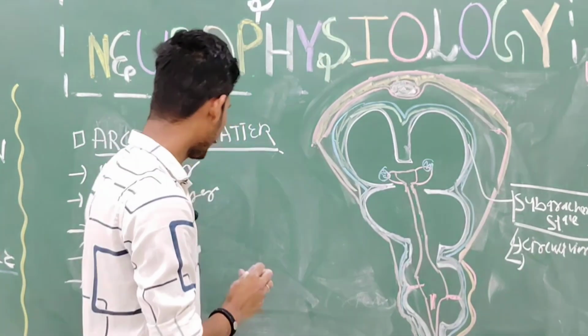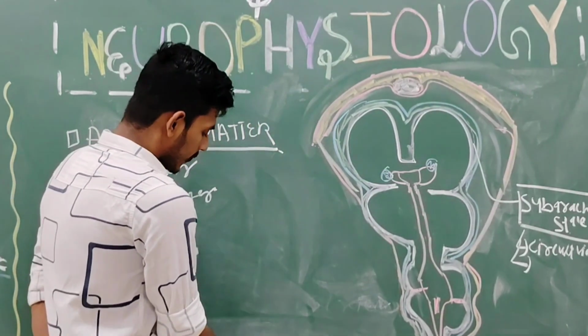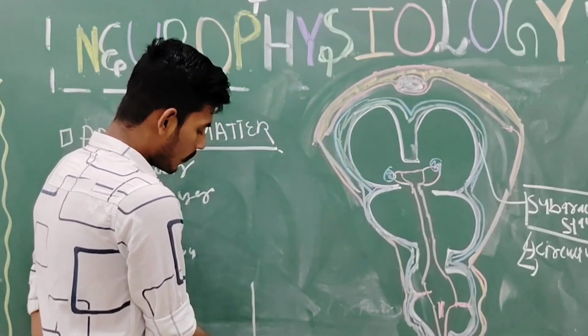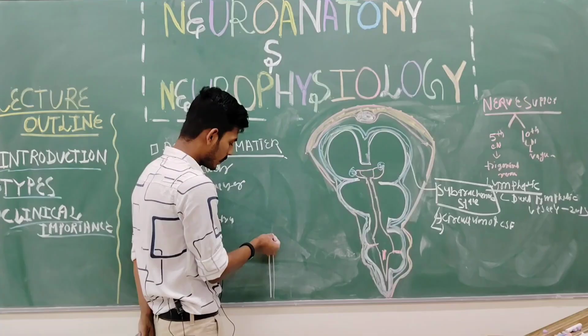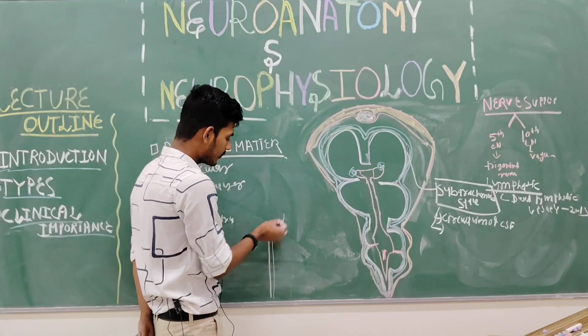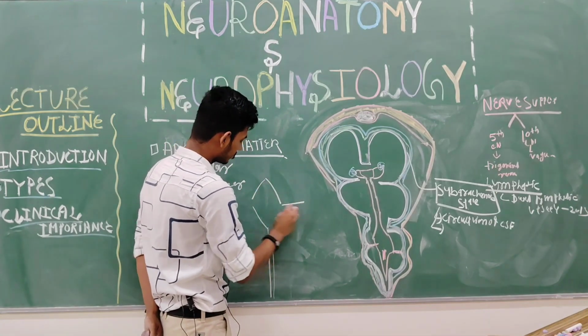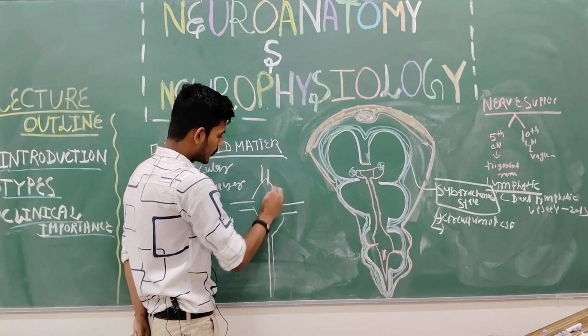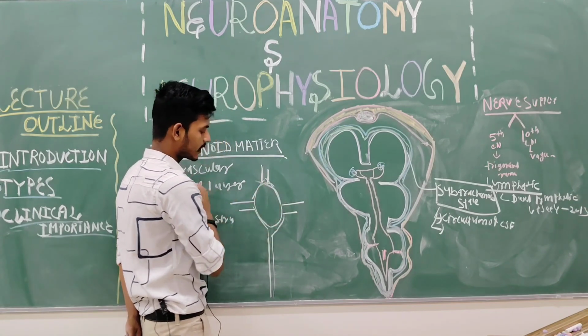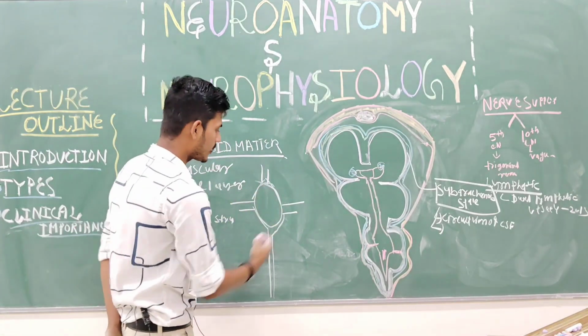But for a while, just understand that the major artery coming from the heart, the arch of aorta, makes one circle, and this circle is called the circle of Willis.